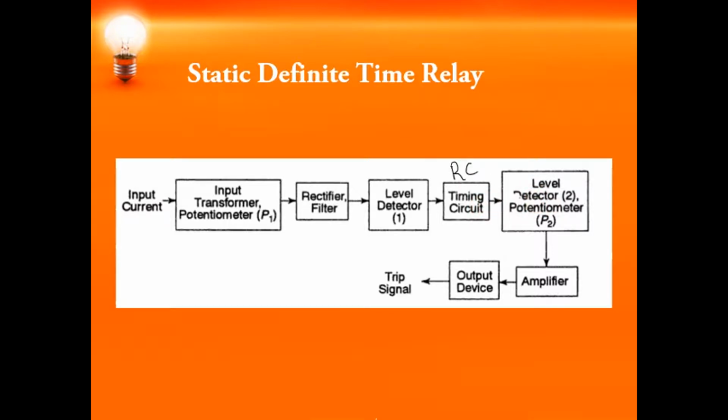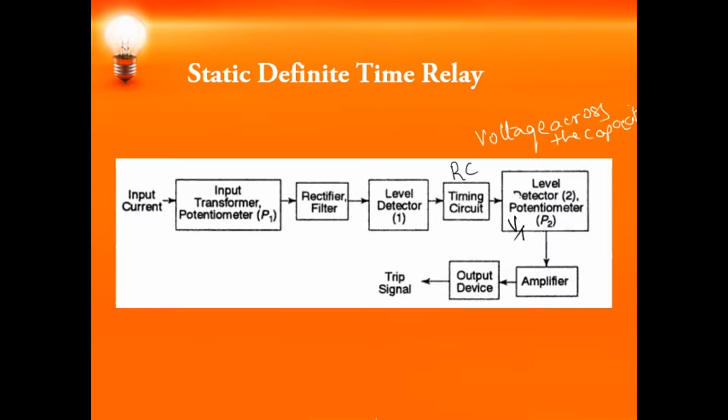That means if the voltage across the capacitor reaches or crosses the voltage which is set for the level detector 2, then it is going to send a signal to the amplifier, which in turn will send it to the output device and it will trip.